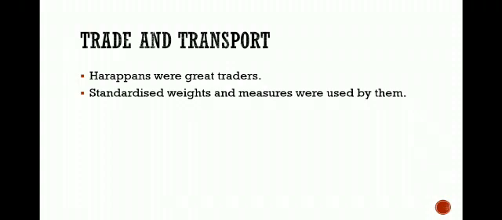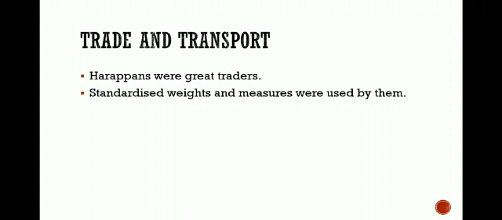There is evidence for extensive maritime trade with Mesopotamia. You already know what is meant by maritime trade. What is meant by maritime trade? It is the coastal trade. Indus seals have been found as far as Mesopotamia, which is modern-day Iraq, Kuwait and parts of Syria.